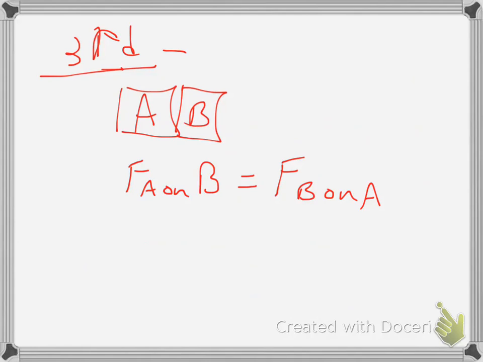And when we get to free body diagrams, and we'll do those in class quite easily, then you'll understand how to put all these force pairs together when you actually diagram the problems and try to solve them. So the first law, the concept of inertia, is that an object will continue in motion or stay at rest unless it's acted upon by an outside net force.